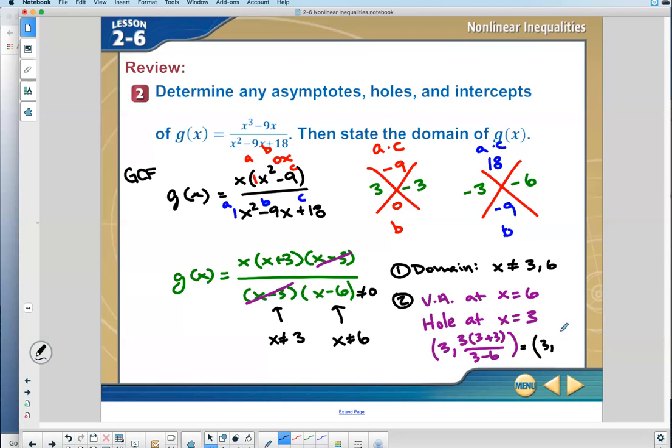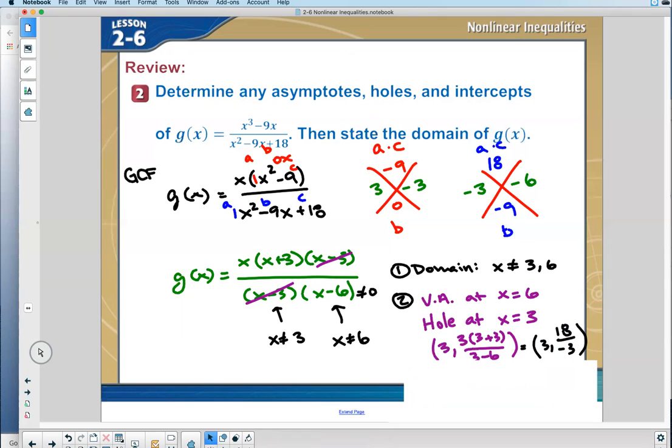So I'd have 3 comma 18 on top over 3 minus 6, which is negative 3. And so 18 divided by negative 3 is negative 6. This hole is going to be at 3 comma negative 6. That's where the hole will occur.